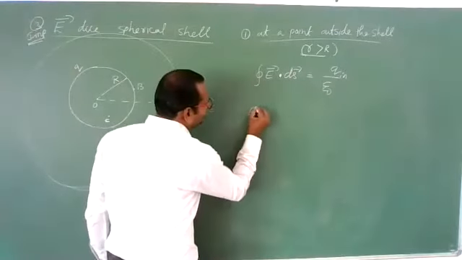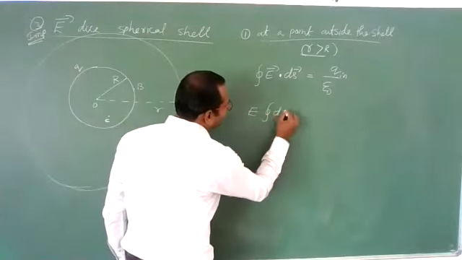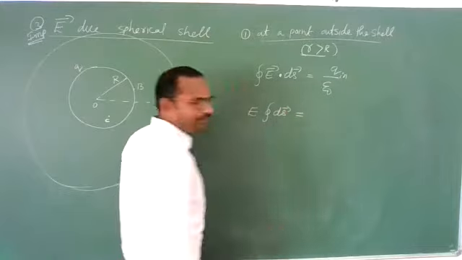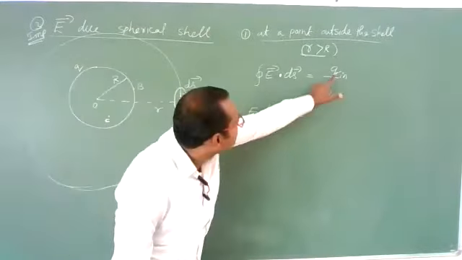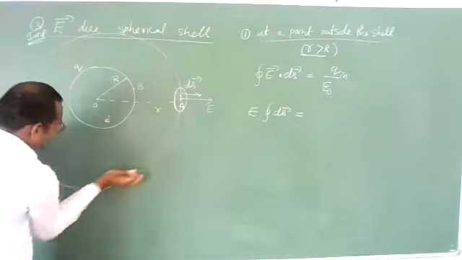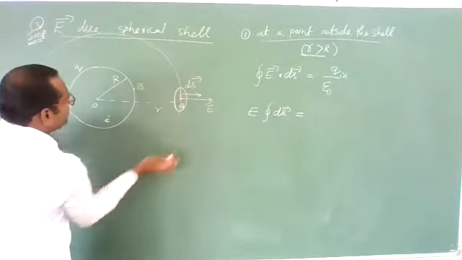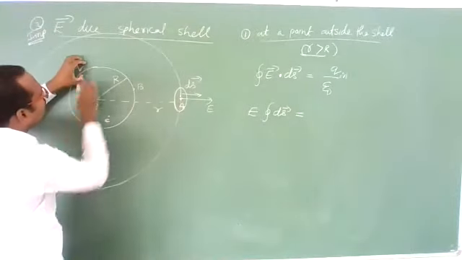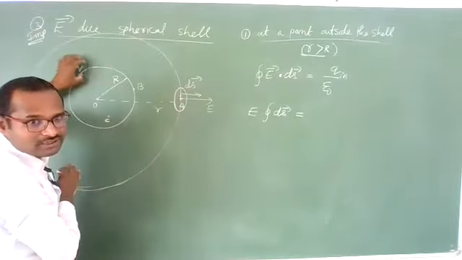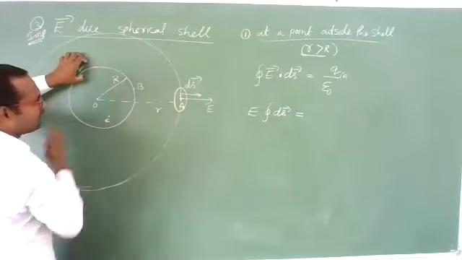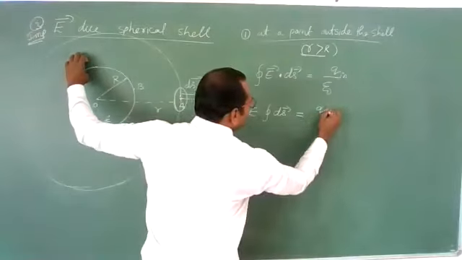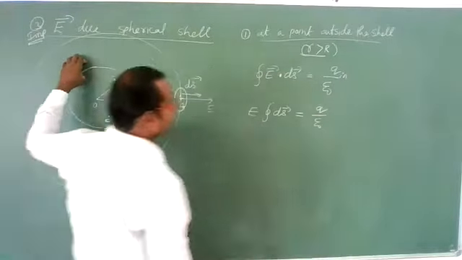So E times the surface integral of dS bar equals the charge enclosed. Q charge is present within this Gaussian spherical surface, so we write Q divided by epsilon naught.